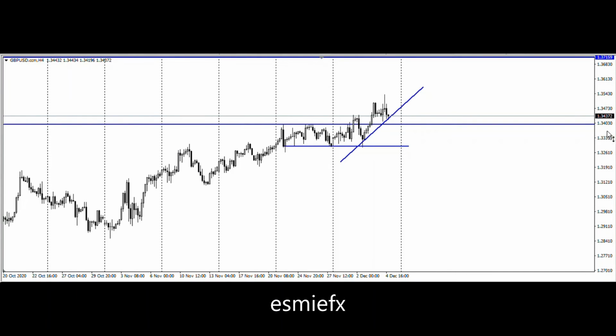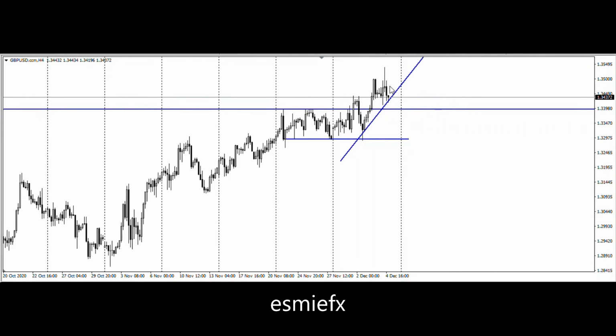But if it gives a nice break, this is the low, a new low, just put here. And this one is another low here. So as long as price respects this low, we'll look for a buy.